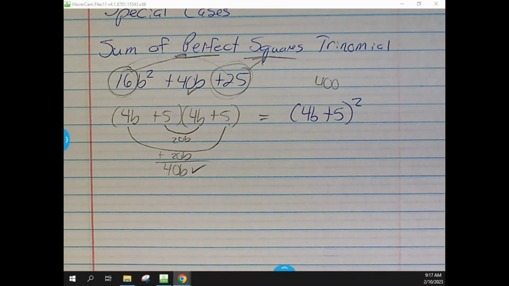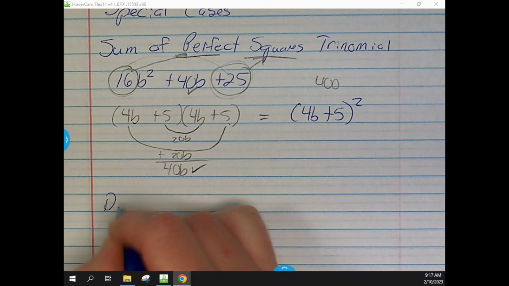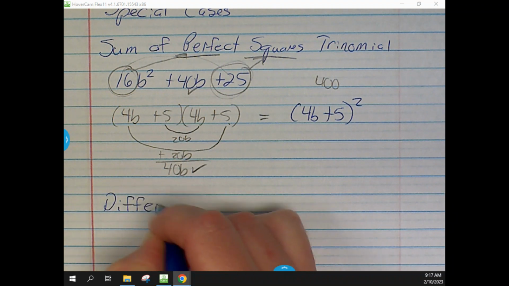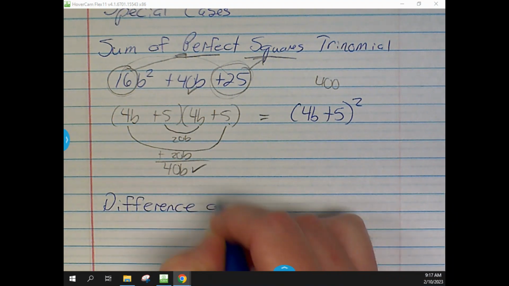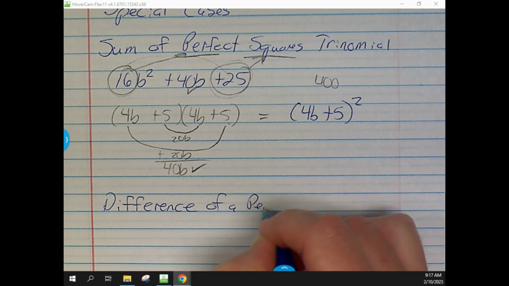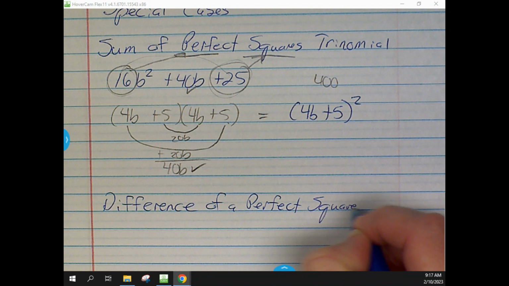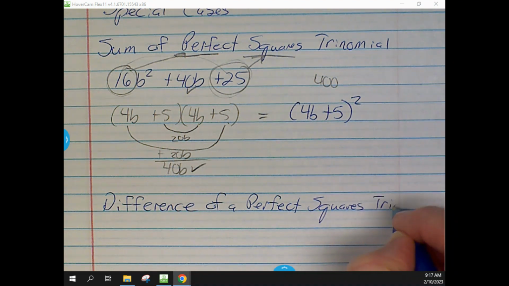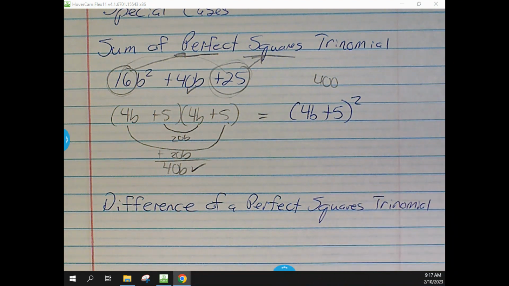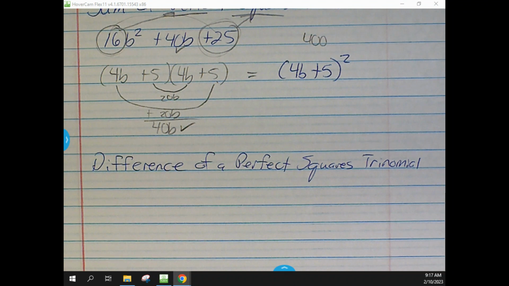Okay. The other thing they can do with this one, instead of being the sum of perfect squares trinomial, it could be the difference of a perfect squares trinomial. And it's almost exactly the same thing, except there's one little minor thing that's different about it.